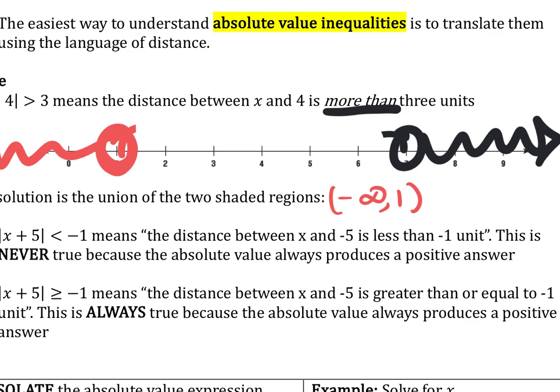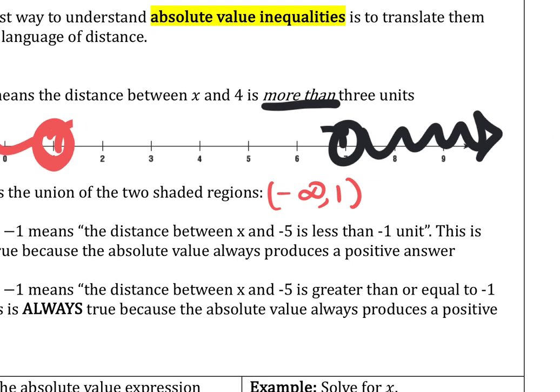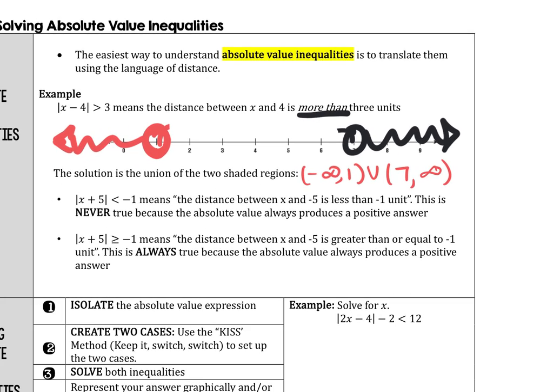And then again, we're going to have that parenthesis. And then we'll use that union sign and then show our next batch of solutions, which would be from 7 to positive infinity. And again, using those parentheses because it's going to be more than 3, not more than or equal to. So we use those parentheses because they're not included.